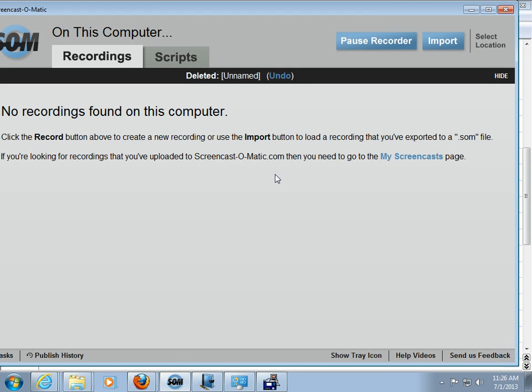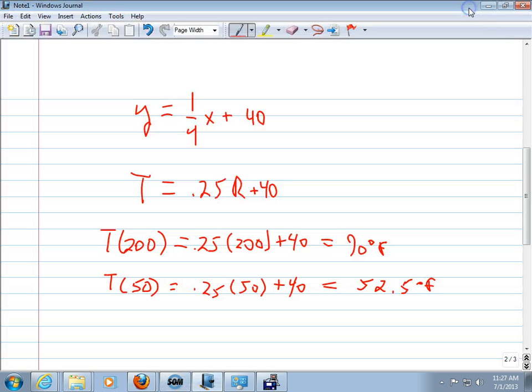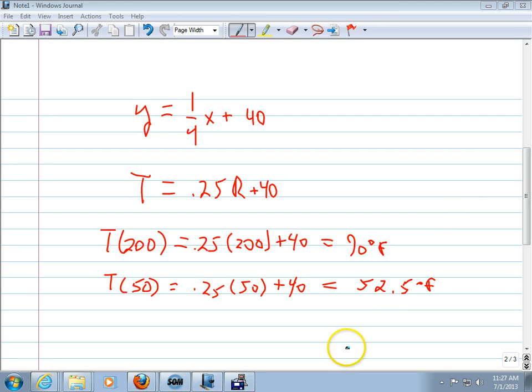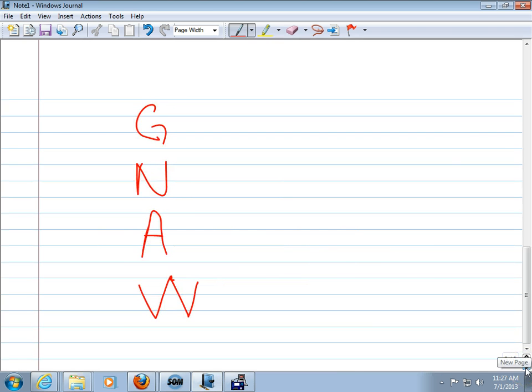Didn't I start the recording? Oh, it says pause recorder, so it is recording. Usually when it's recording, it has a little indicator on the bottom here. It can stop it, pause it, whatever. Hopefully it's recording. I'm not going to worry about it.